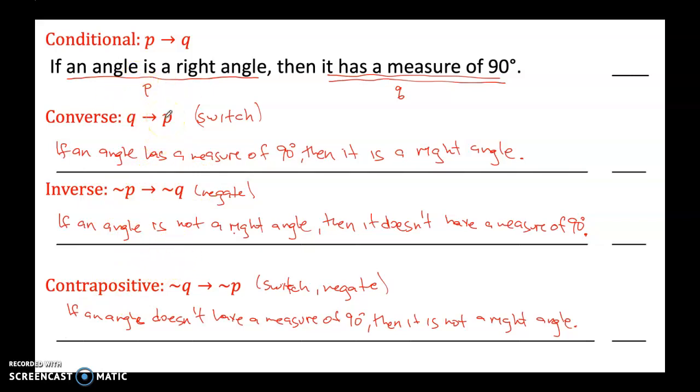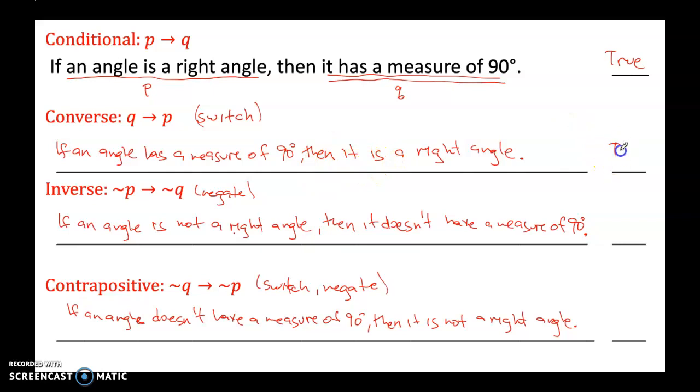Now let's identify the truth value of each statement. Conditional: if an angle is a right angle, then it has a measure of 90 degrees. This is a true statement because a right angle always measures 90 degrees. Next, if an angle has a measure of 90 degrees, then it is a right angle.